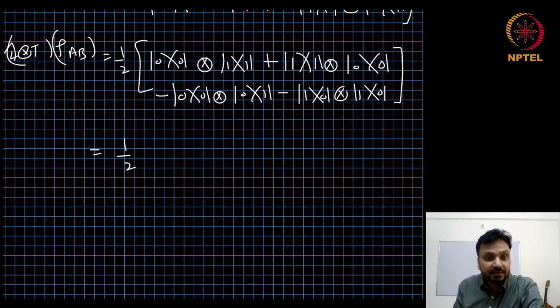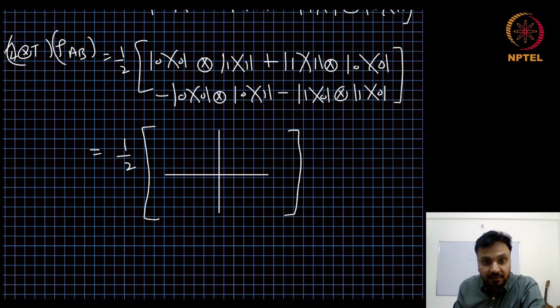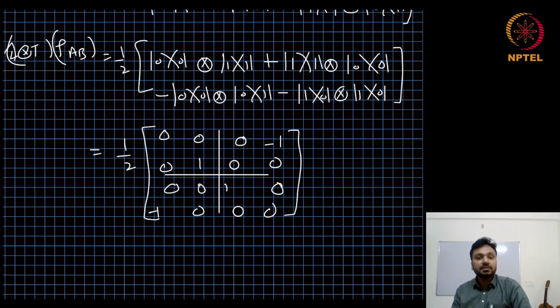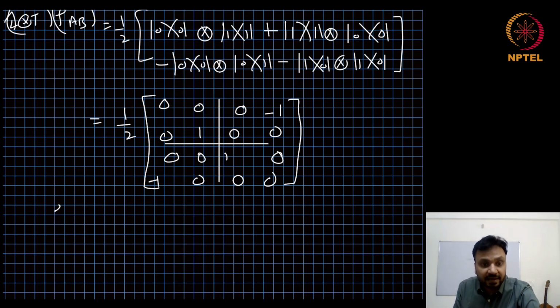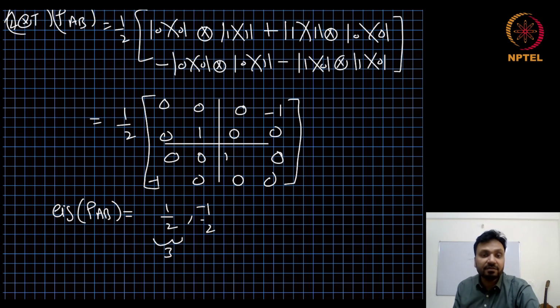Now we can write it, and this can be a decent exercise problem, that this matrix will look like the following. Just putting the grid, this is minus 1, and this is 1, 1, all others are 0. So this is our matrix after applying partial transposition, and we can see that the eigenvalues of this are +1/2 and -1/2. +1/2 appears 3 times and -1/2 appears once.